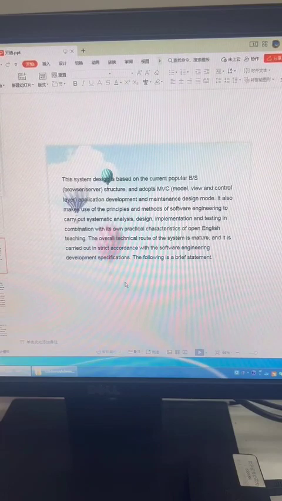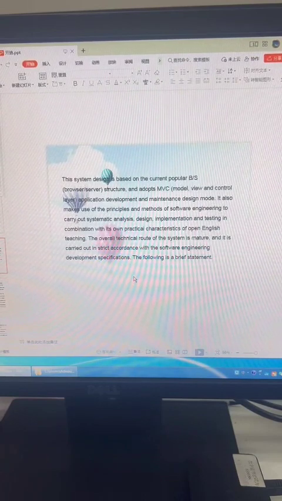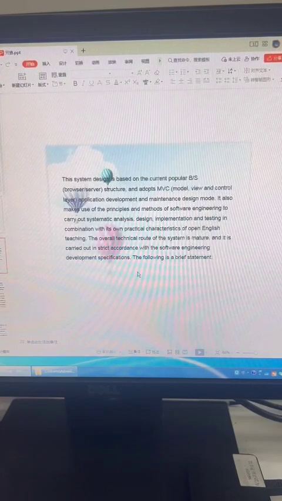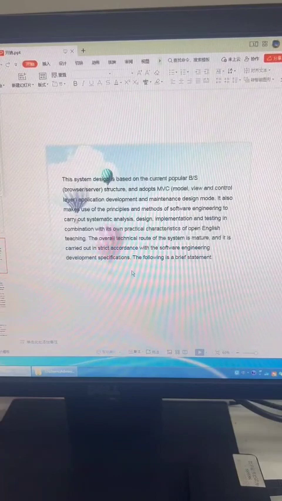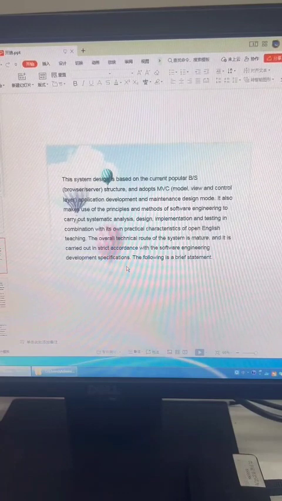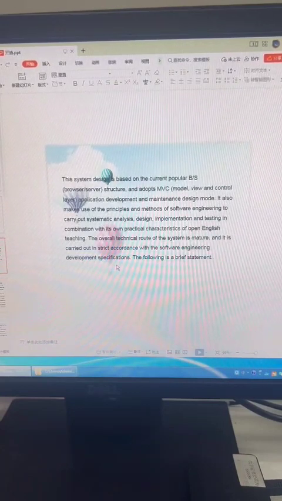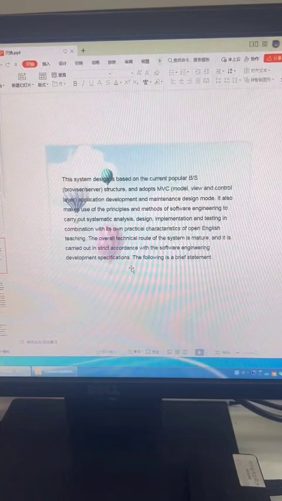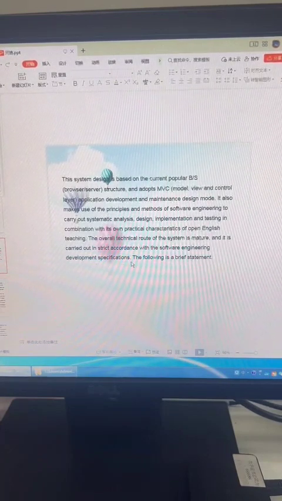It also makes use of the principles and methods of software engineering to carry out systematic analysis, design, implementation, and testing in combination with its own practical characteristics of open English teaching. The overall technical route of the system is mature, and it is carried out in strict accordance with the software engineering development specifications. The following is a brief statement.